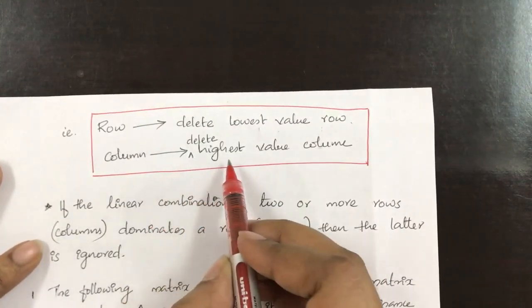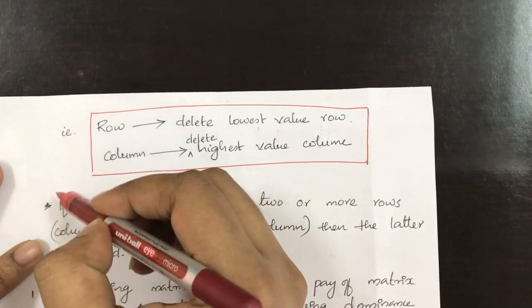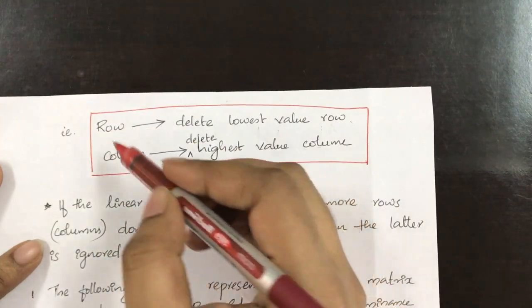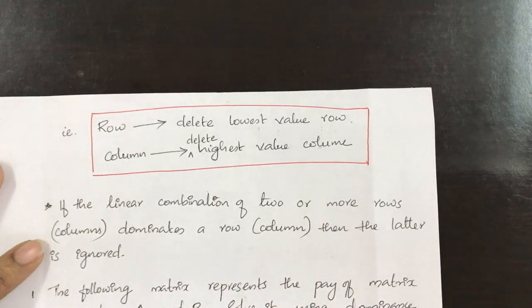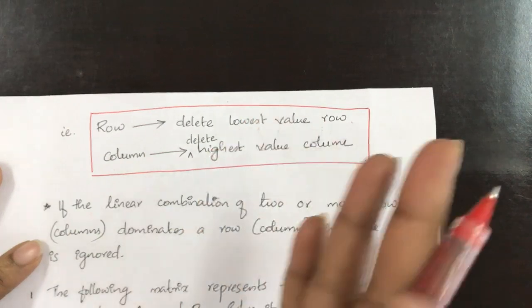In a column, we need to delete the highest value column: if the values in a column are greater than or equal to the values in another column, then we need to delete the highest value column.